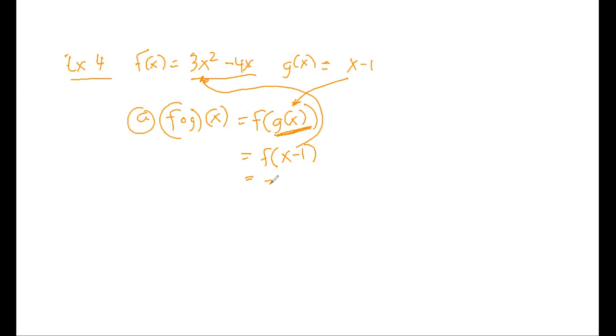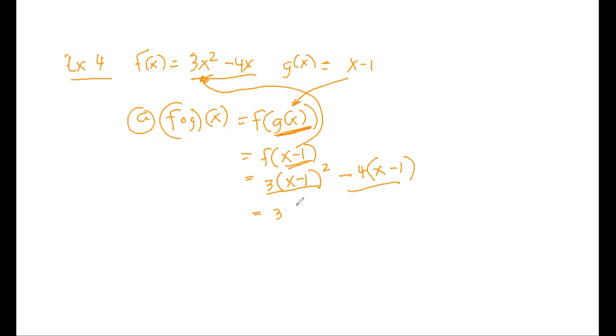Remember, it's 3 quantity, what's the value of x? x minus 1 squared, as given, minus 4, what's the value of x again? x minus 1. If we check, that is 3x squared minus 4x.